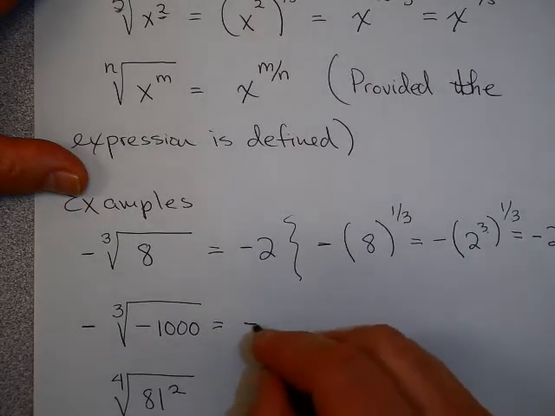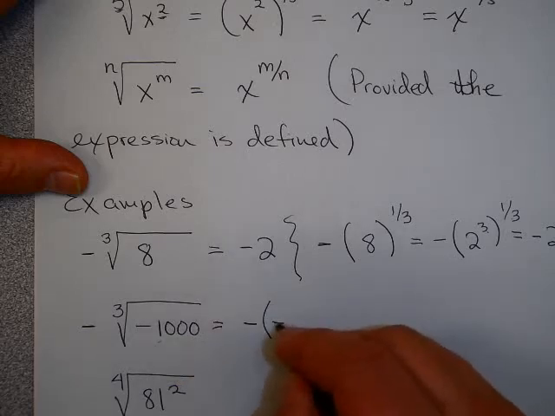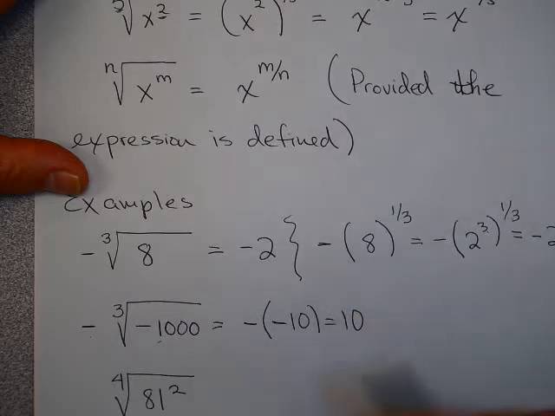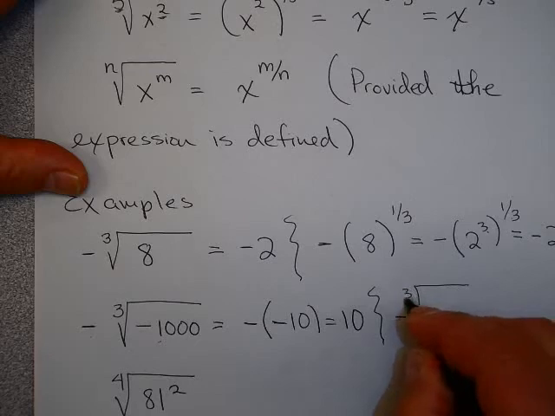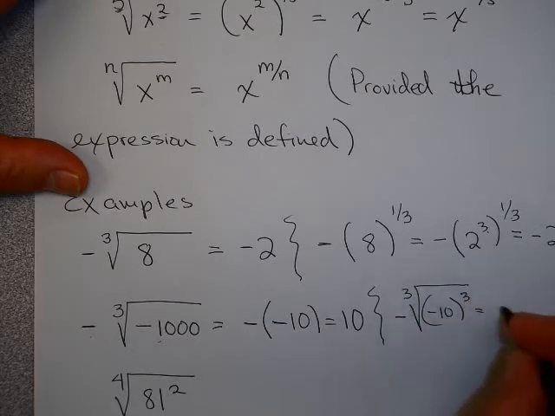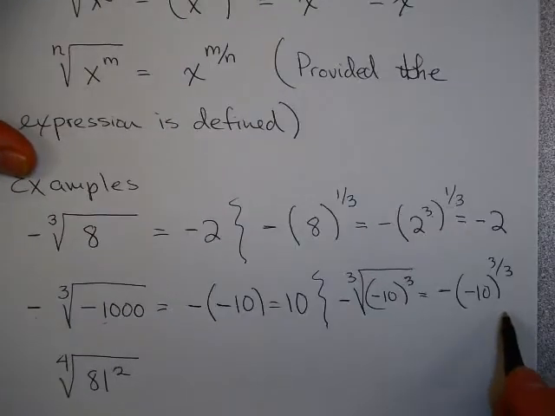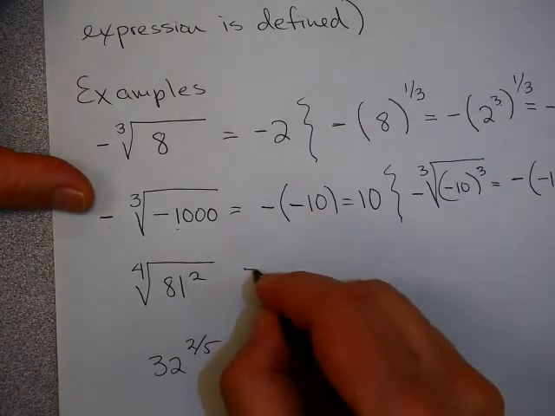By the same reasoning, this one, you might know that the cube root of -1,000 is -10, so the answer here should be the opposite of -10, or 10. But you could think about this, if you wanted, as the cube root of -10 cubed, and that would be minus -10 to the 3 over 3, which, if you do the arithmetic here, still ends up to be the number 10. That might be useful in this case.